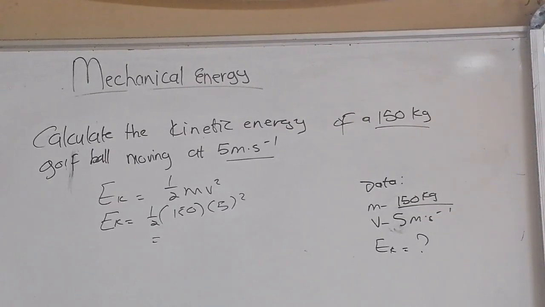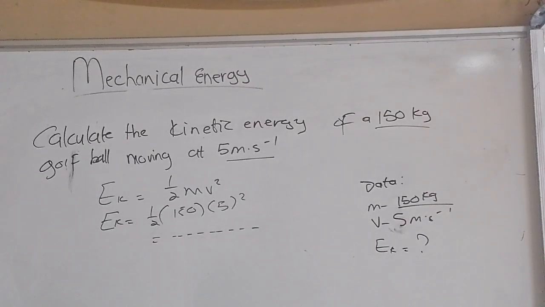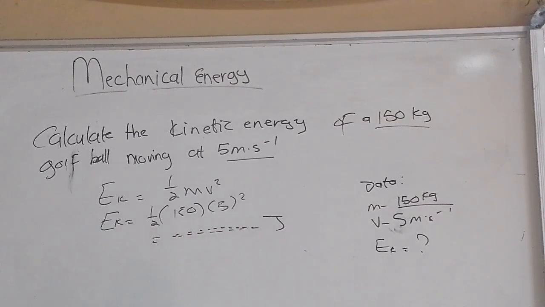Since I don't have a calculator here, I was just using the cell phone calculator. Sometimes it gives wrong answers. So the answer that you're going to get here, you write joules. That will be the EK.